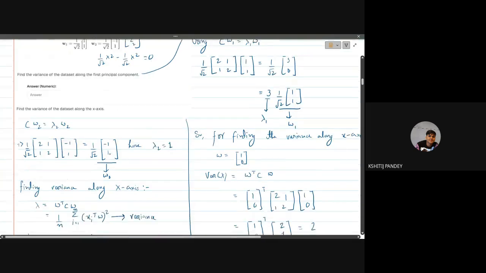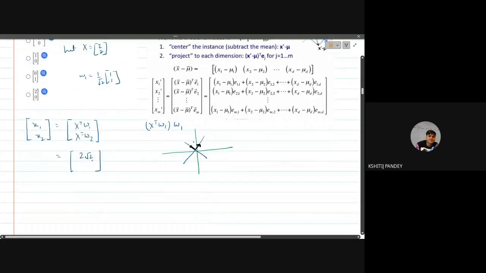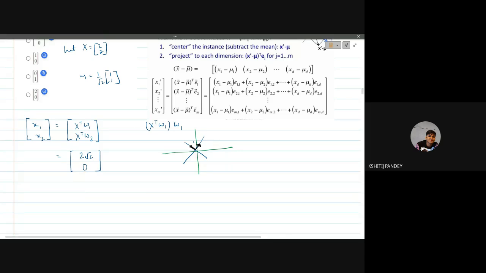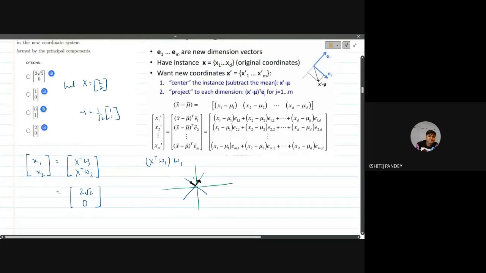So the y component will be 0. So this is now your vector in the new coordinate system. Is this clear?